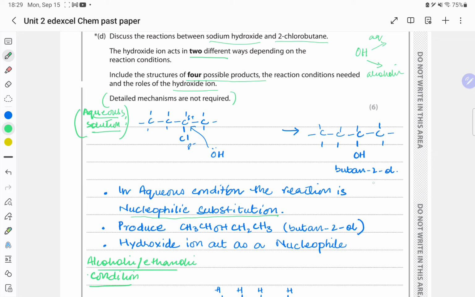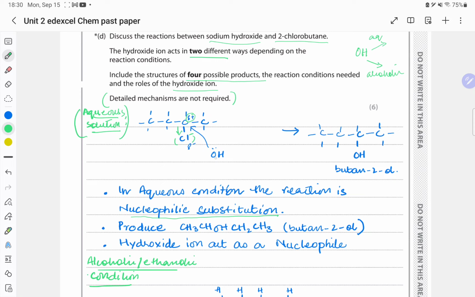butan-2-ol. Always remember, because it's a substitution reaction, the hydroxide will act on the positively charged carbon, because with any halogen present with an alkane, the halogen has more electronegativity, so it attracts the electrons toward itself, making itself negatively charged and making the carbon positively charged, a carbocation, deficient in electrons.